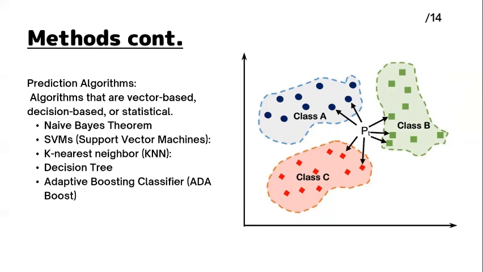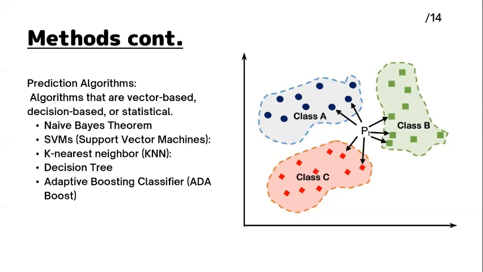Decision trees are a commonly used machine learning method that makes predictions by asking a series of questions. Depending on the answers to each question, the algorithm decides which path or branch to take next until it reaches a conclusion.